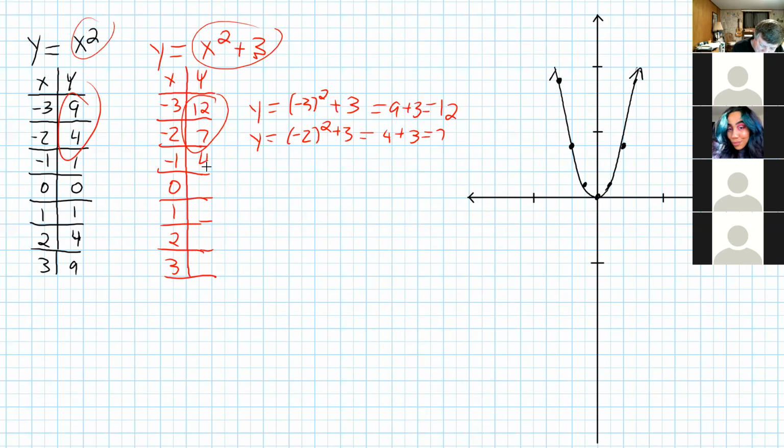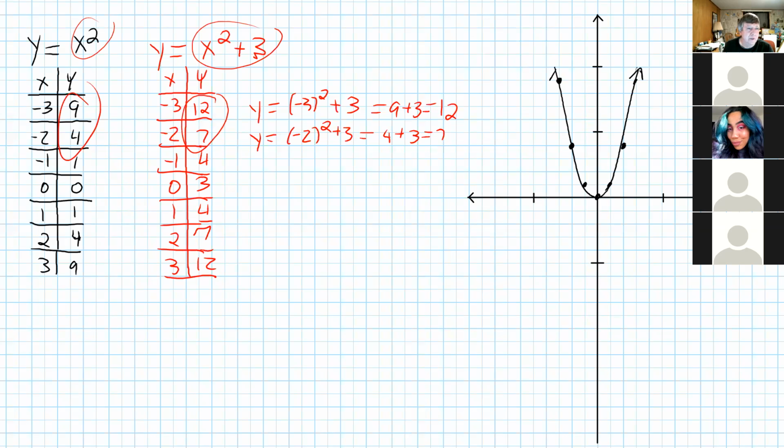So 0 plus 3 is 3, 1 plus 3 is 4, 4 plus 3 is 7, and 9 plus 3 is 12. See what I'm saying? So I'm going to get the same outcomes plus 3. Okay, got it. Now, how does that affect our graph?